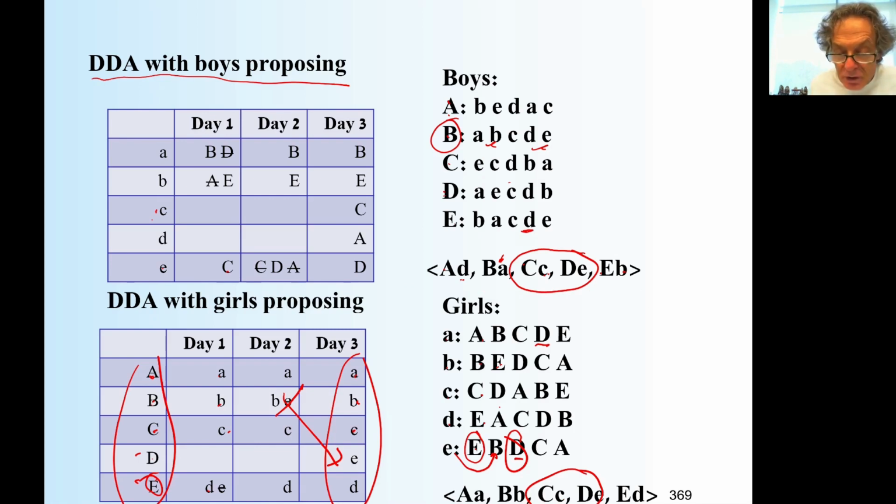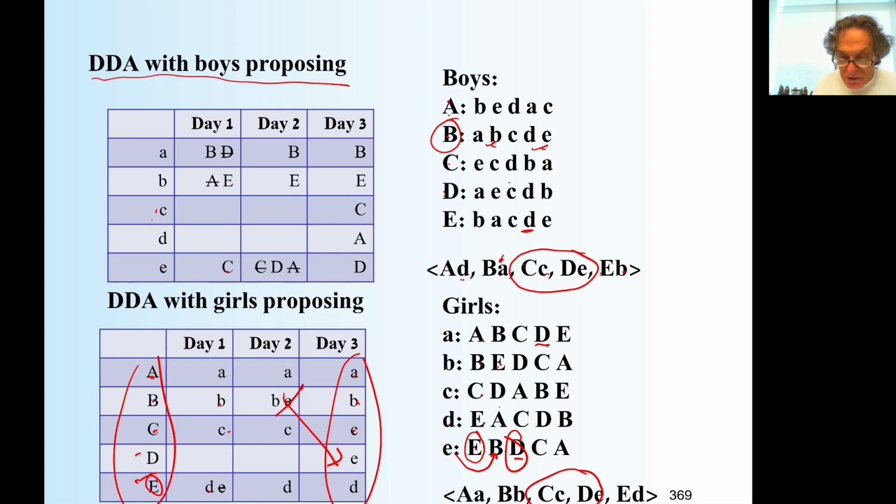I conclude that in every stable matching, maybe there are 6 stable matchings, I don't know, I didn't compute it, but I can tell you, no matter what stable matching you give me, besides these two, C must go with C, and D must go with E. Why? Because you get the same 2 pairs from both algorithms, where one is boy proposing and the other is girl proposing.